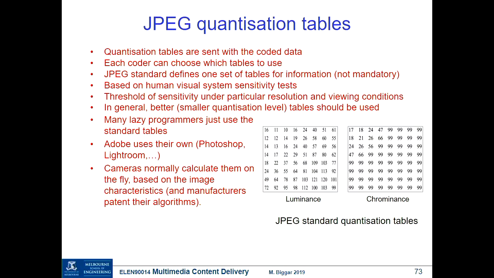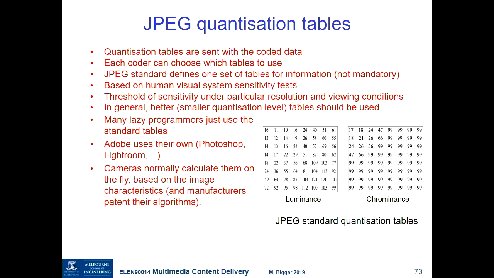So JPEG has said, as a result of a lot of human testing, under controlled viewing circumstances, this is a set of quantization tables that you could use if you want, but you can use your own. They are communicated with the image, so every time you take a photo and store it away in a file, there is a record of what quantization tables are used and the scaling factor that applies to each. And the easiest thing to do when you are writing a JPEG coder is to just use these default values.